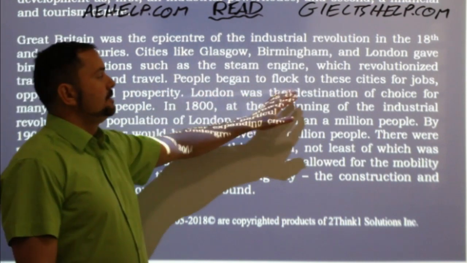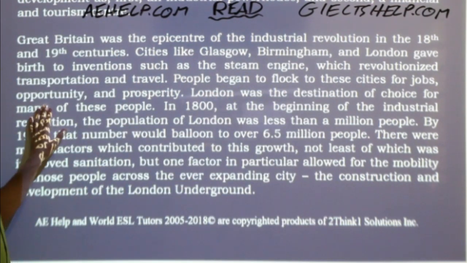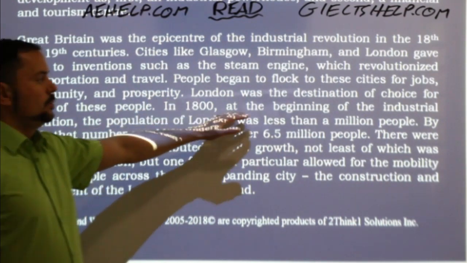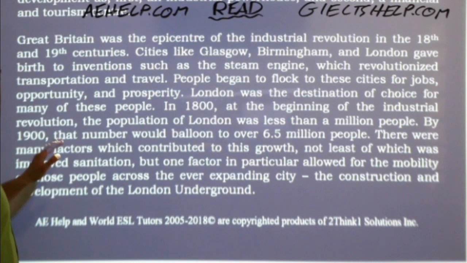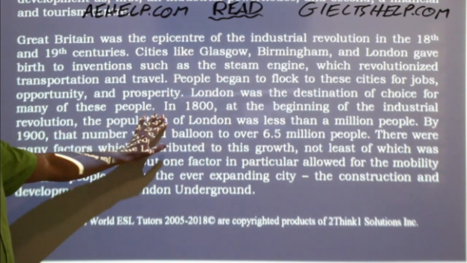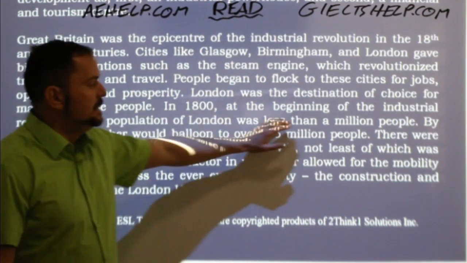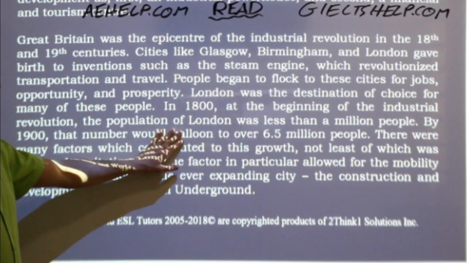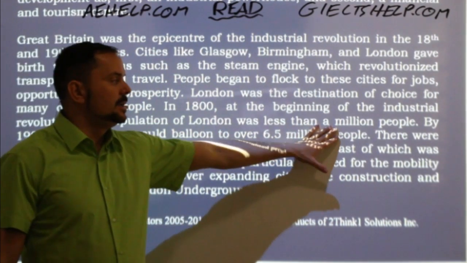People began to flock to these cities for jobs, opportunity, and prosperity. London was the destination of choice for many of these people. In 1800, at the beginning of the Industrial Revolution, the population of London was less than 1 million people.